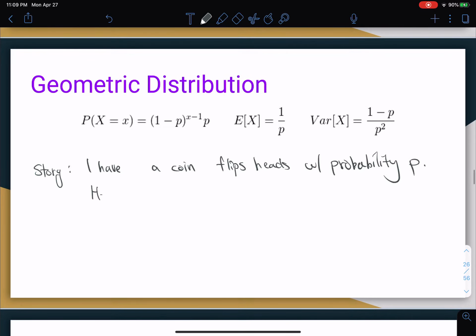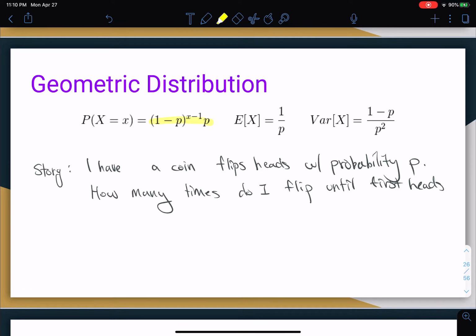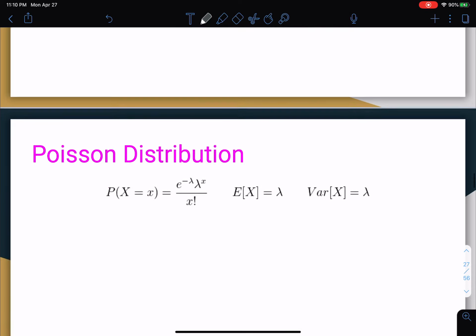And the question is, how many times do I flip until first heads? And our equation here makes sense because we flip tails x minus 1 times, and then we flip heads in our last one. And the expectation and variance just follows. That's geometric distribution. Let's go on to Poisson.